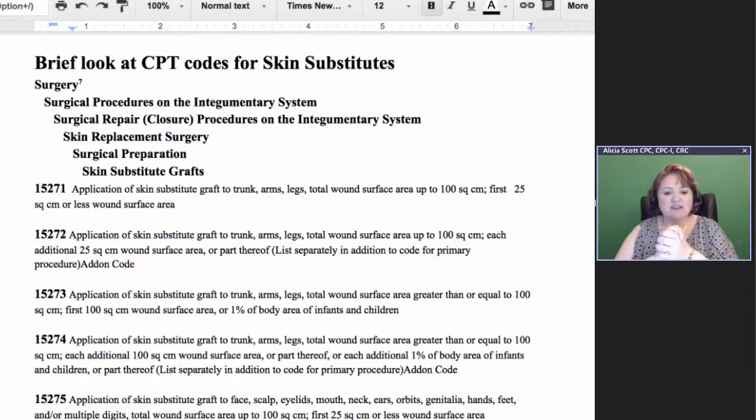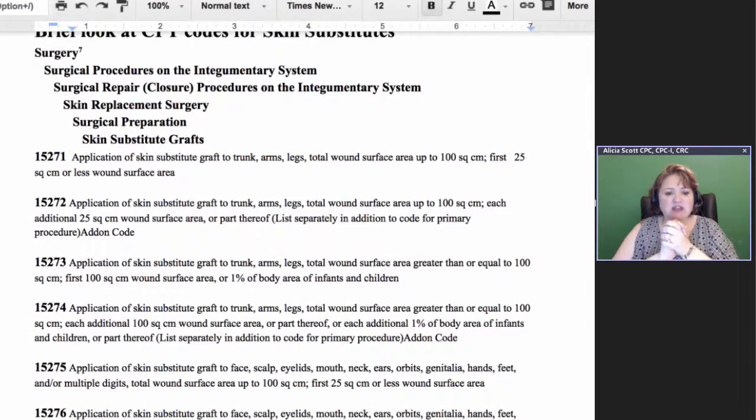Again, this is how you're looking it up in the index, and then skin substitute grafts. So I went ahead and took from Find a Code these codes that I put in for the skin substitute, and this is what it brought up, and it starts at 15271, and notice that this is going to be a skin substitute, but it's going to be on the trunk, arms, legs.